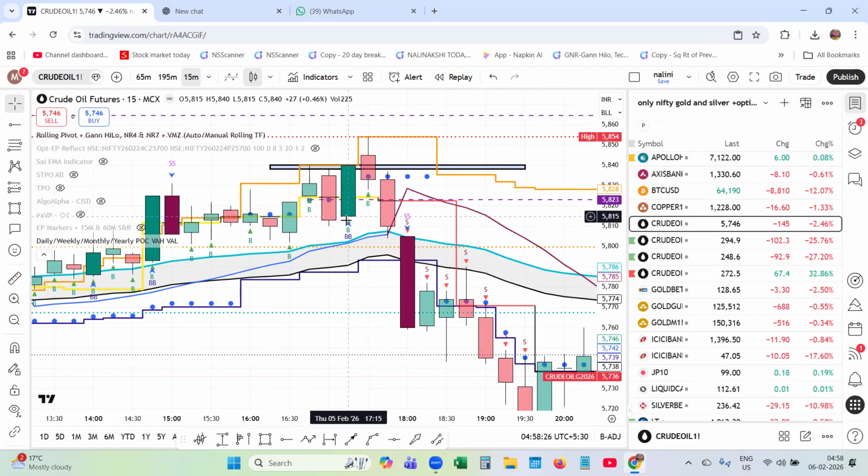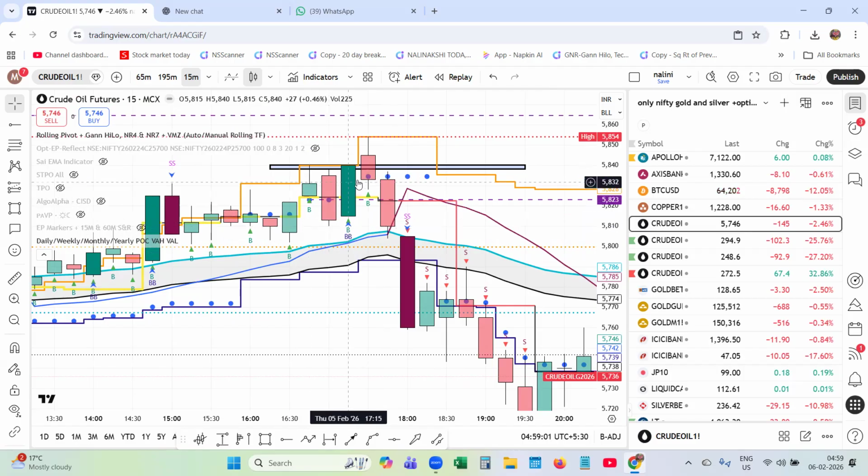And if you start seeing here, whenever the price is above the rolling pivot and whenever the price is above the Gann Hilo, even the bear candles give buy signals. But this candle is the buy candle because it is well above the rolling pivot and the Gann Hilo, but this candle is showing no signal at all.